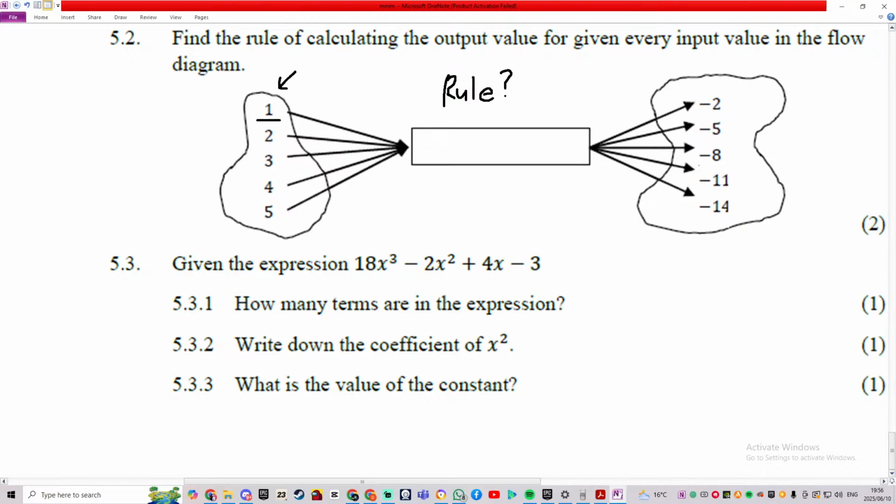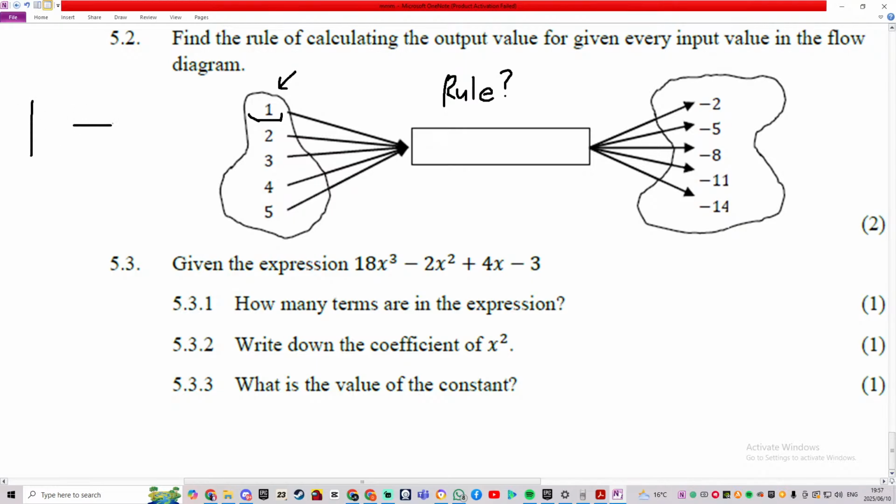Do you know how to find rules, Rio? No, sir. So my input, I start off with 1.